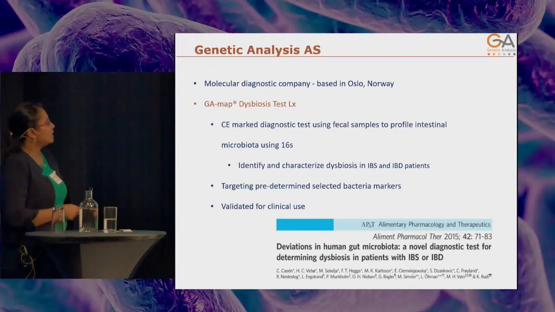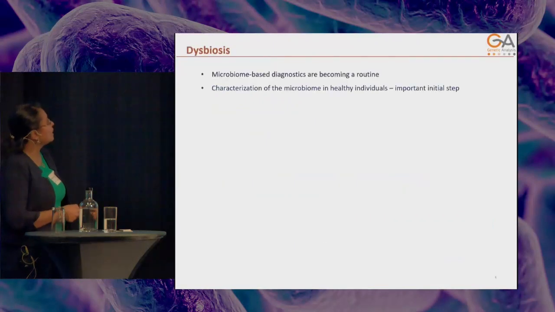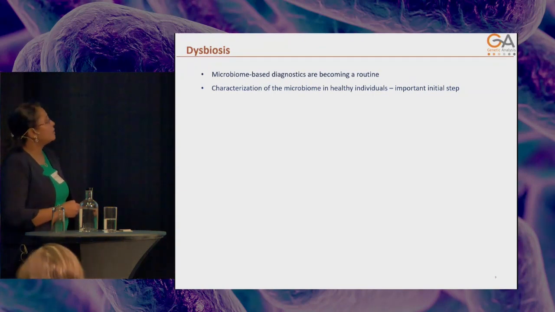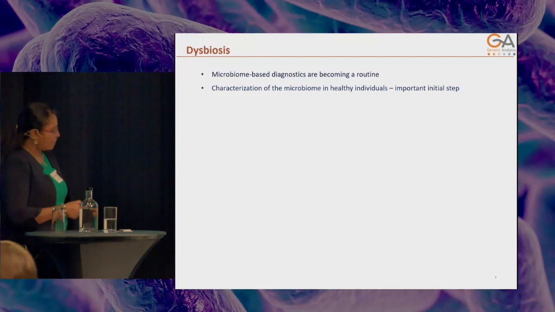In our test, we have selected markers that we target. These markers are selected based on their ability to distinguish between a healthy gut and a dysbiotic gut. And as we know, to make such distinctions, it's very important to characterize the microbiome of healthy individuals.